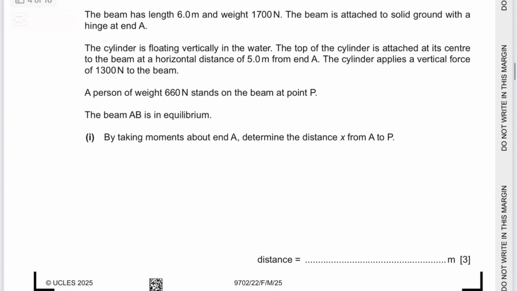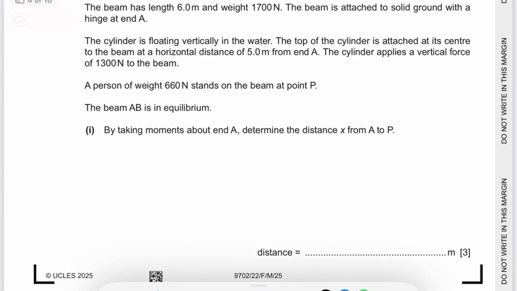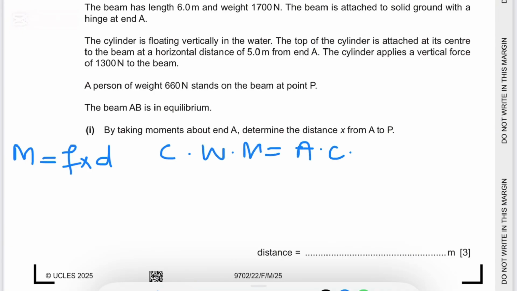Now let's put that into an equation where moment is equal to force multiplied by perpendicular distance from the pivot, and we also know that clockwise moment must be equal to anti-clockwise moment to attain equilibrium.